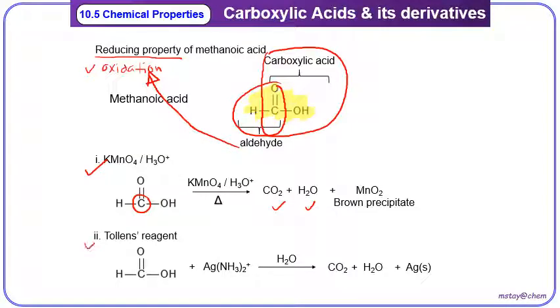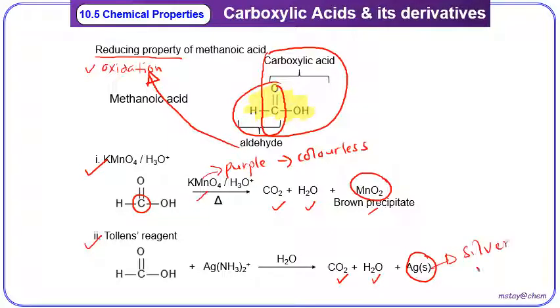Tollens' reagent will give a positive result towards all aldehydes, and will also produce carbon dioxide and water. Only the side product is different. If you use KMnO4, you will see a brown precipitate and the purple color of KMnO4 decolorized. However, if you use Tollens' reagent, you will see the silver mirror.